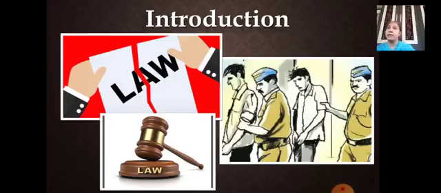Because of the role played by the police in arresting persons, we often get confused and think that it is the police who decide whether a person is guilty or not. This, however, is not at all true. Practically, this is what we have seen and we get confused that the police is the one who arrests and decides whether the accused is guilty or not, right?